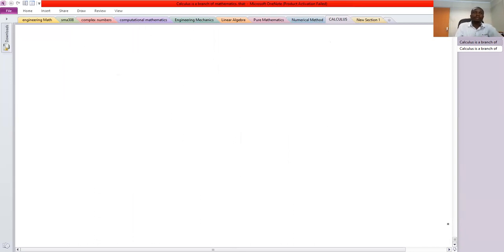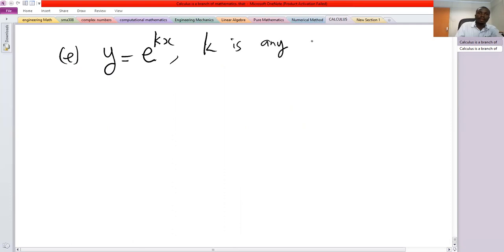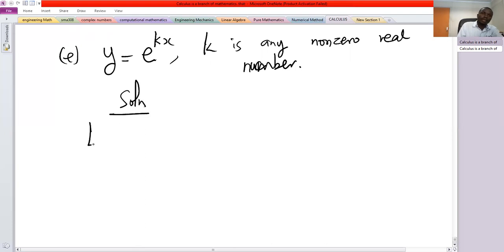And e, if we have y equals e raised power kx, where k is any non-zero real number or constant, then to solve this one, we let u be kx, which means that y will be e raised power u.